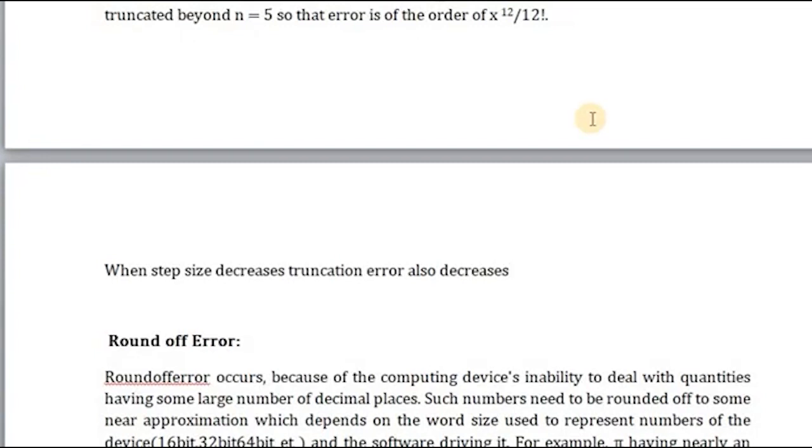What we are doing is finding the velocity to be constant for a given step size. Actually, we write new velocity is equal to old velocity plus acceleration into time step. So for a given value of time step, velocity is assumed to be constant. But actually it is not true.